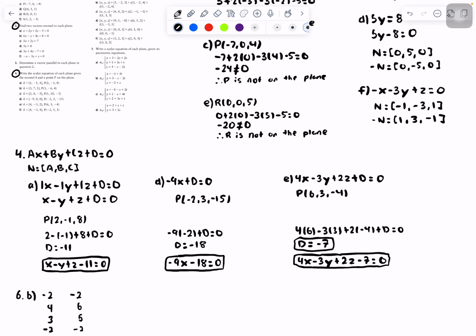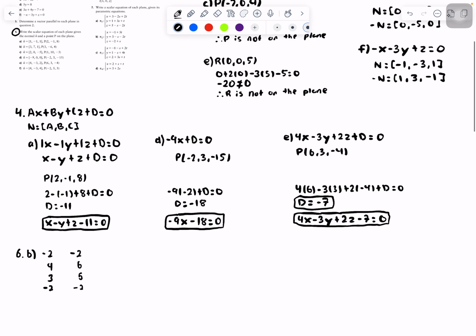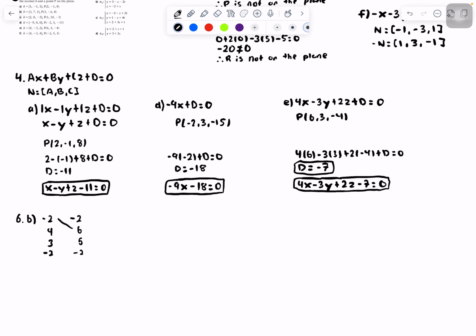So you start from the second component and then cycle your way back through until you hit the second component again. Just want to make sure that's right: -2, 4, 3, -2. Perfect. So then cross, cross, cross, and I like to indicate that I'm doing subtraction. So in the vector we get, we'll just call it N, because it's going to be the normal vector.